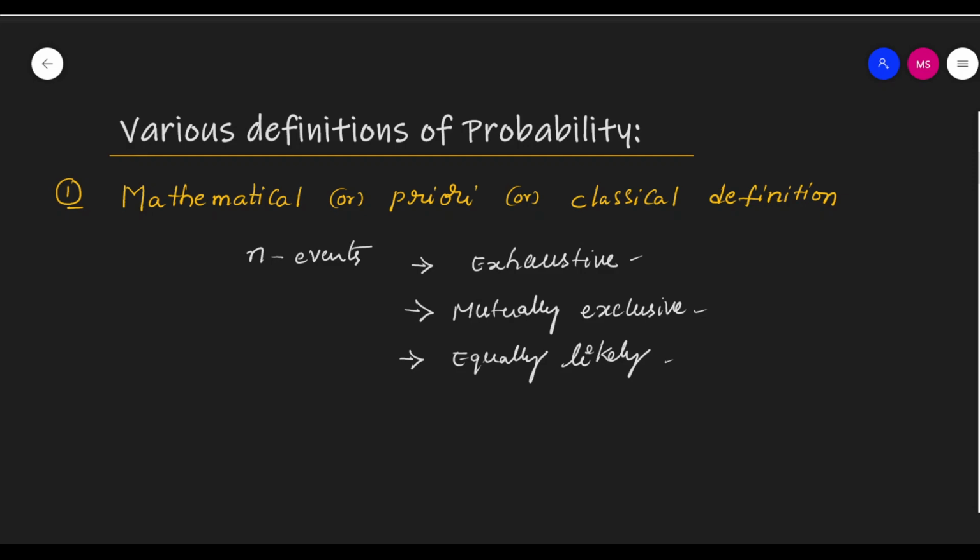So if a trial is conducted, there are n events, which are exhaustive, mutually exclusive, and equally likely.